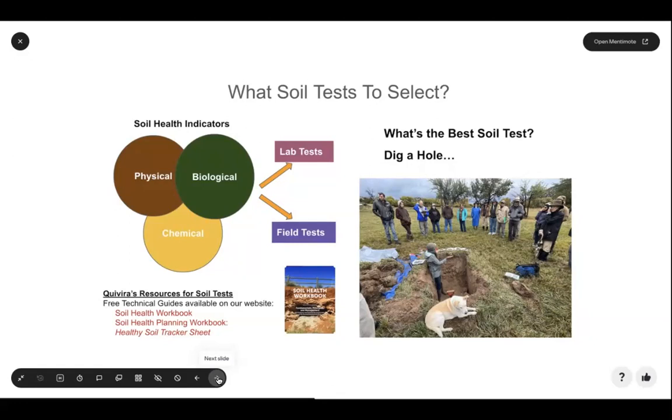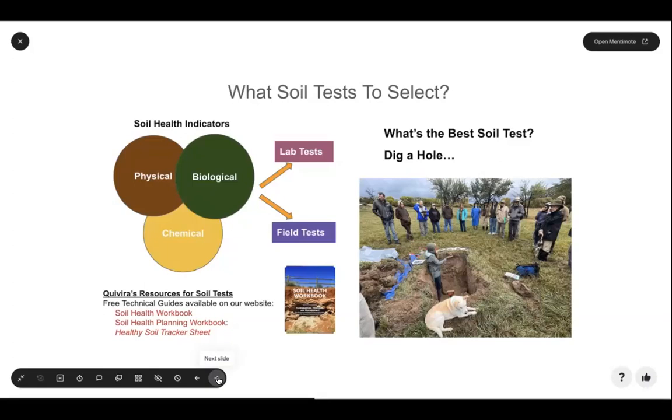But to take a step back, the soil is comprised of physical components, biological components, and chemical components, and all of those inform the soil health.